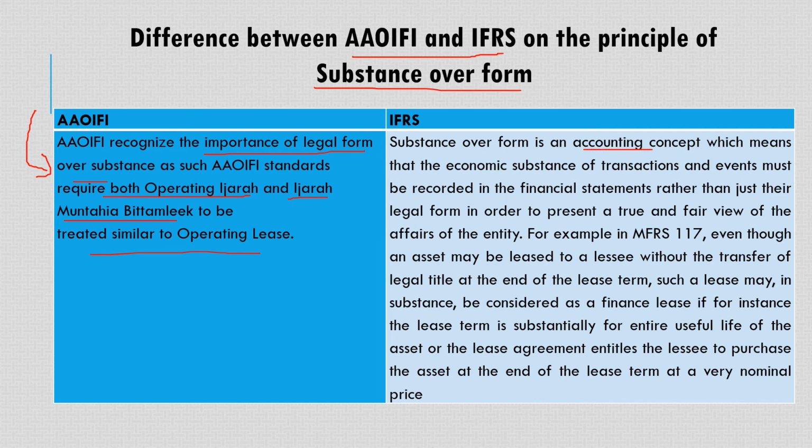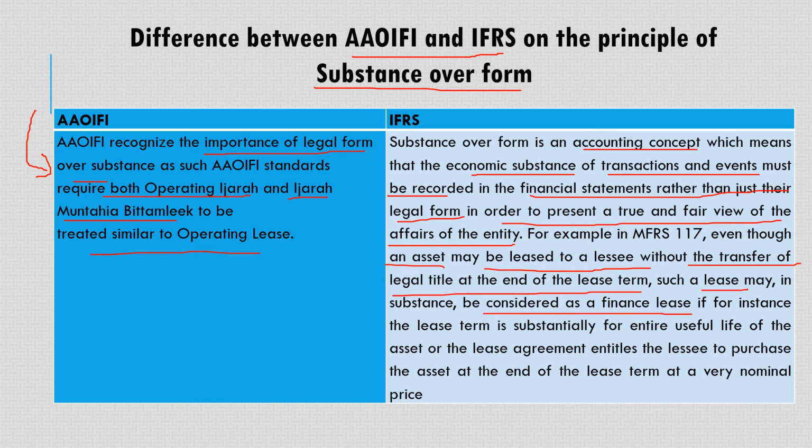is an accounting concept which means that economic substance of transaction and event must be recorded in financial statement rather than just their legal form in order to present a true and fair value of the affairs of entity. For example, in MFRS 117, even though an asset may be leased to a lessee without the transfer of legal title at the end of the lease term, such lease may, in substance, be considered as finance lease.